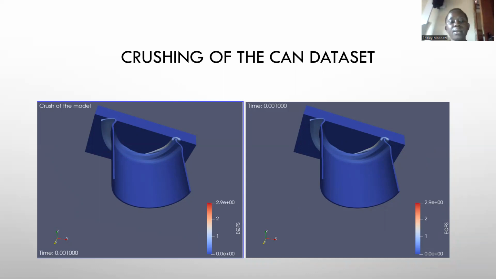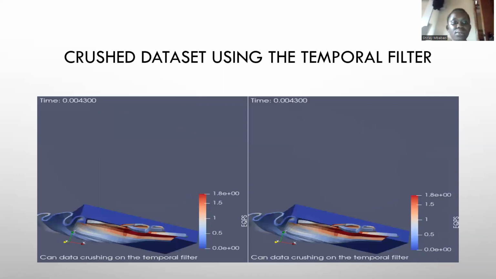But the video wasn't able to upload, but I hope I've given some insights into it. Yes, so these are the images. I saved the video but got images, showing EQPS, this first section without the temporal filter, and this with the temporal filter.